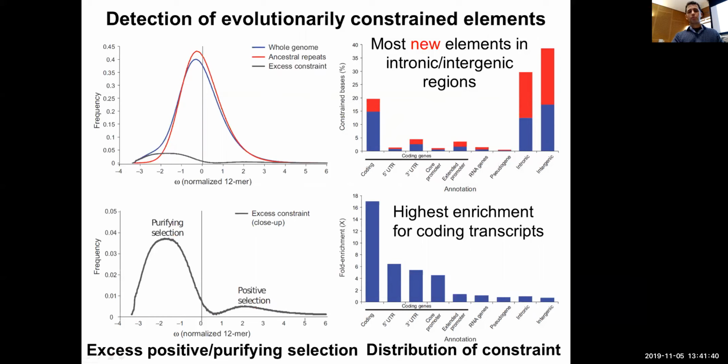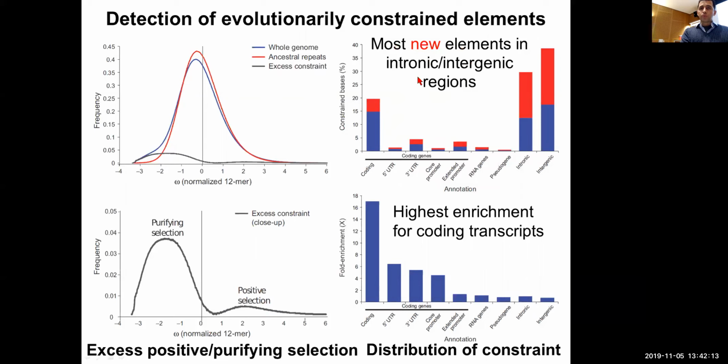So you can measure excess purifying selection, and we also notice that the whole genome curve has a longer tail on the positive side, on the more mutation side. This is possibly positive selection. These are regions that have accumulated more mutations and have been selected for them, and that's probably adaptation to new environments. Okay.